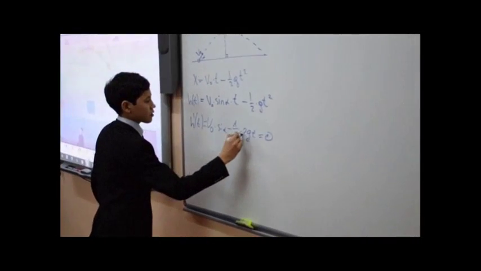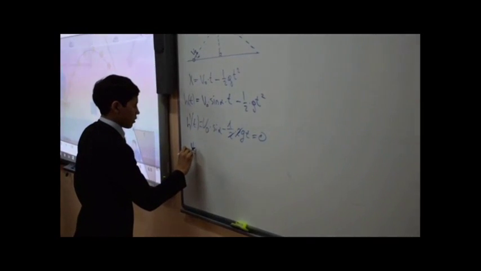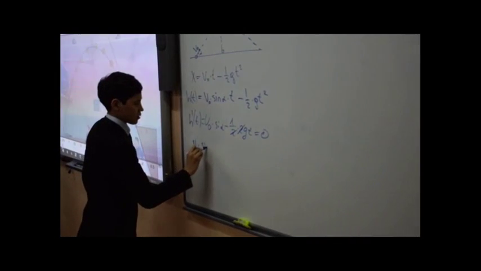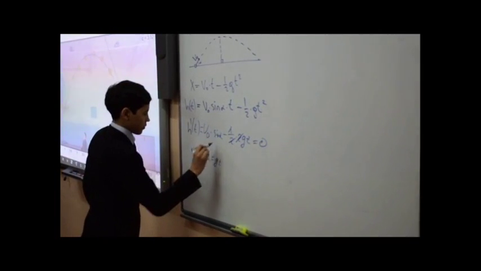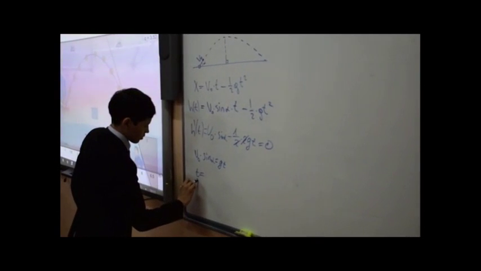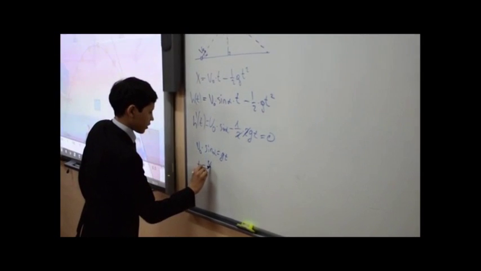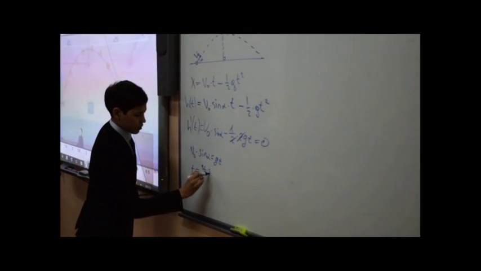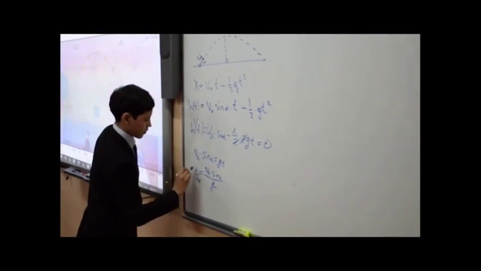And 2 is cancelled. And so V initial multiplied by sine alpha equals g t. So t rise is equal to V initial multiplied by sine alpha over gravitation.